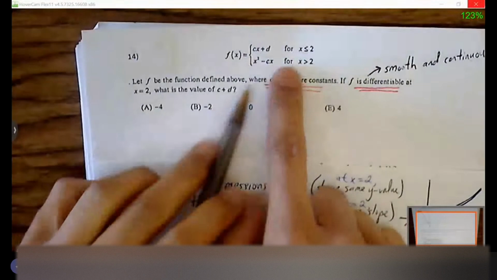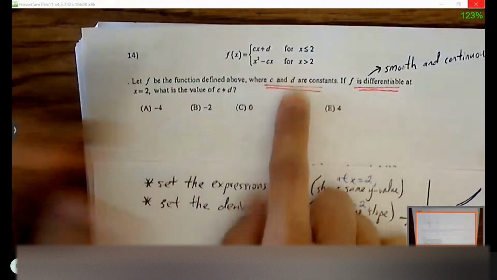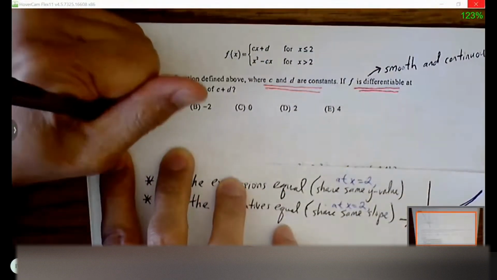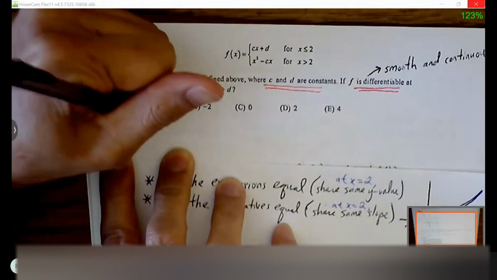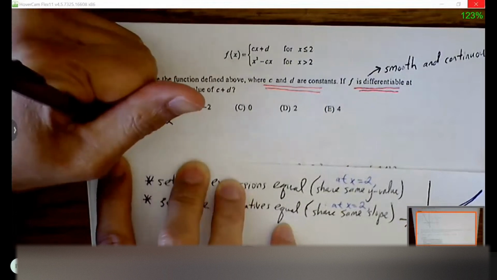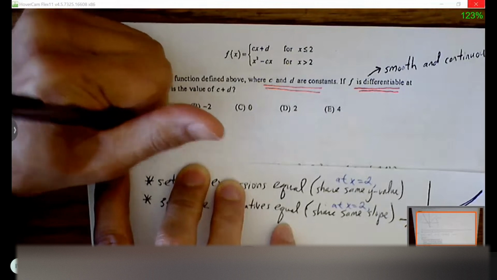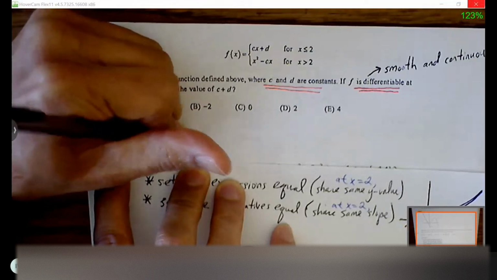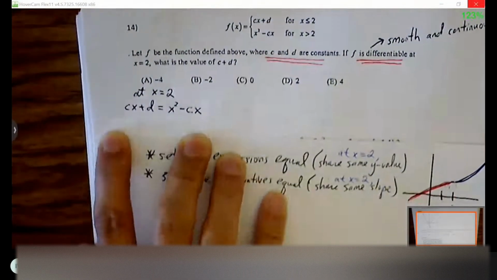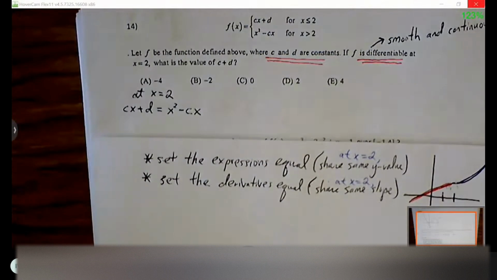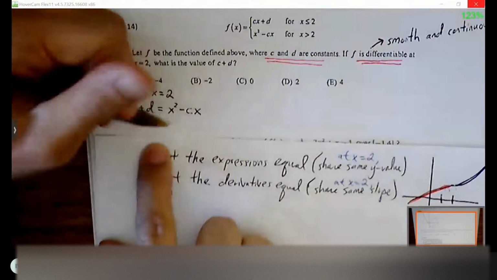Okay, so we know at x equals 2, I can set the two expressions equal to each other. And if it's at x equals 2, I can replace all the x's with 2 and see how far we can get.